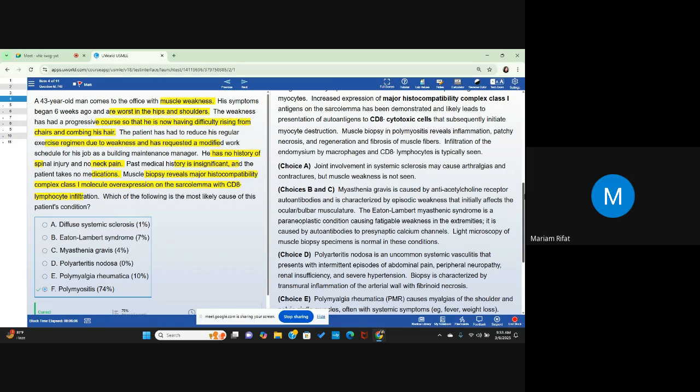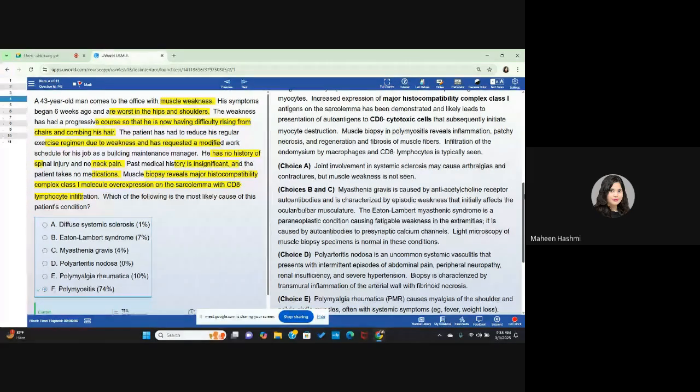Diffuse and localized. What do you mean by diffuse? I think in the diffuse there is systemic sclerosis, the involvement of all the viscera. The CREST syndrome was also there.